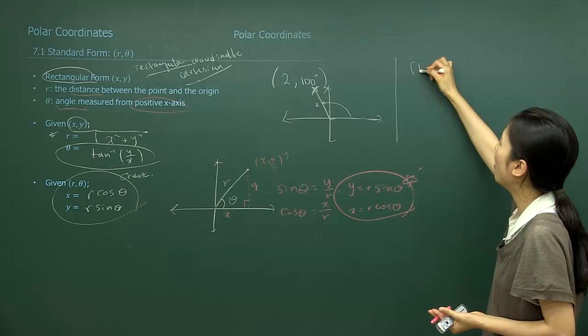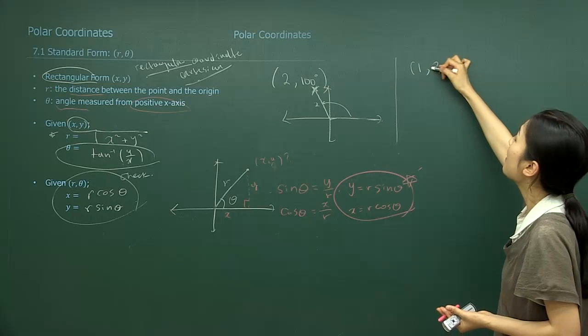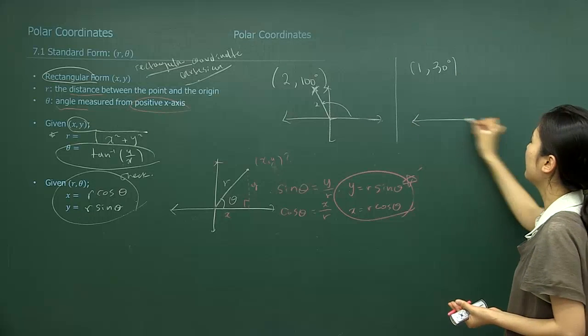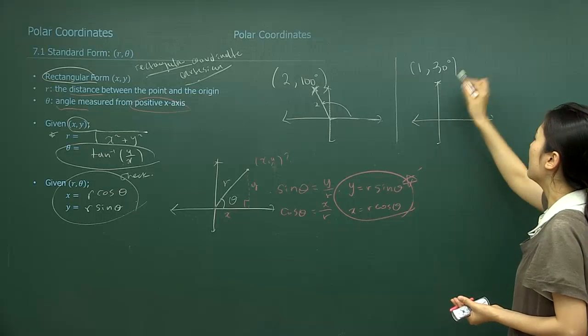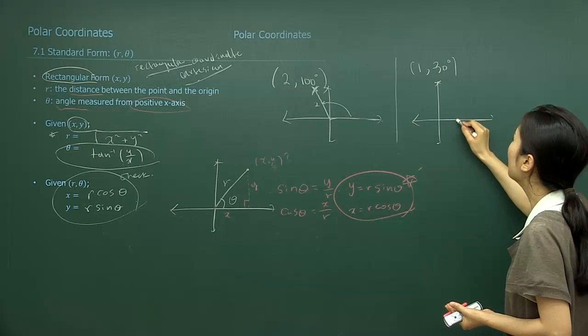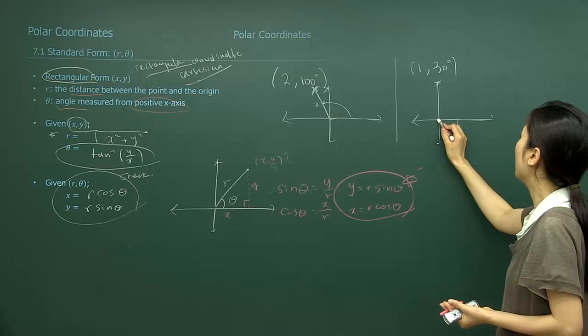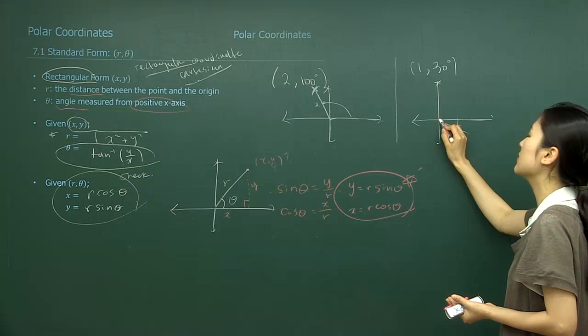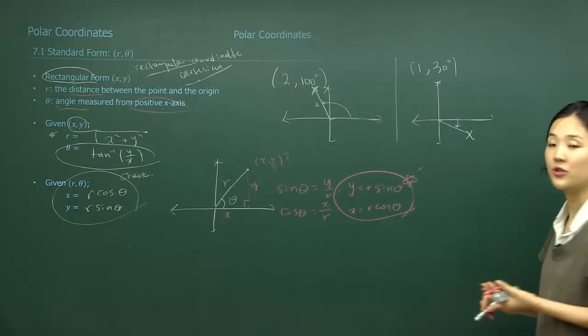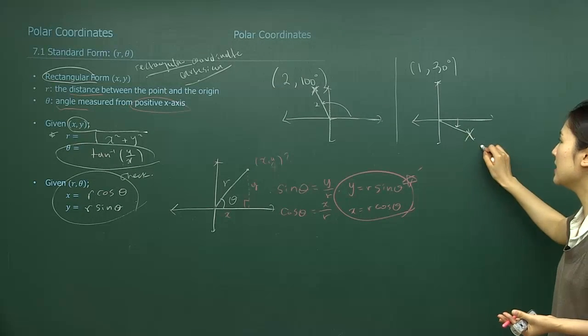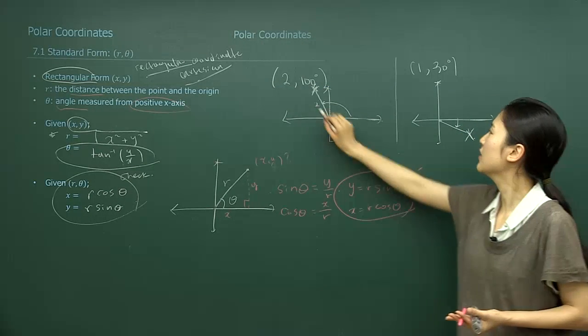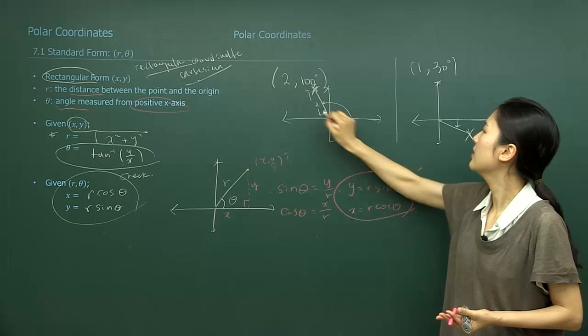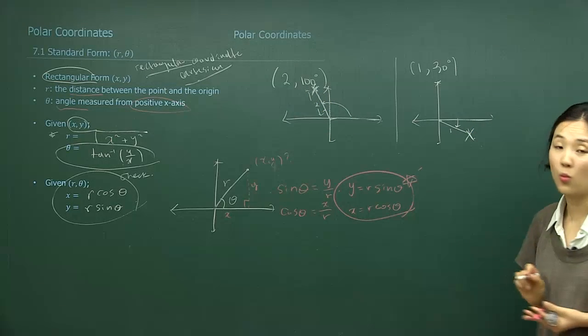If you're looking for 1, negative 30 degrees, then what you're doing is you're going 30 degrees, but below this time, and you're measuring 1 unit from the origin, then here comes your point. That's where your point is. Length of 2 and length of 1.